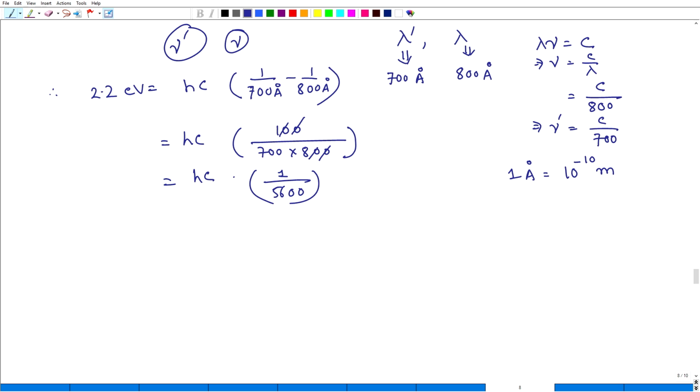But we can do it by just converting it into meter units. 1 Armstrong is 10 to the power minus 10 meter, so let me do that, then it will be easier. So we can take 10 to the power minus 10 common, and this will be meter inverse.